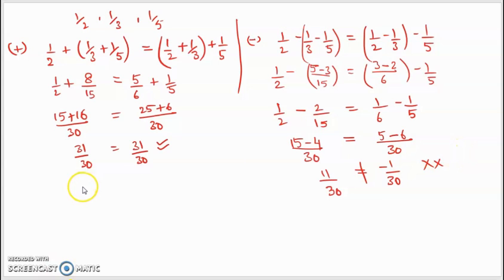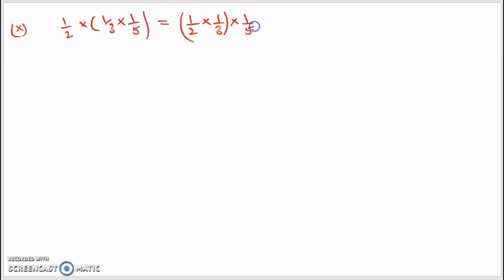Now let's check multiplication and division quickly. So for multiplication, the same numbers: 1 by 2 into 1 by 3 into 1 by 5 should be equal to 1 by 2 into (1 by 3 into 1 by 5).